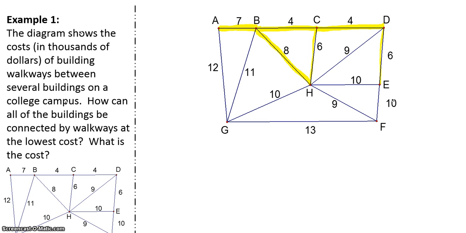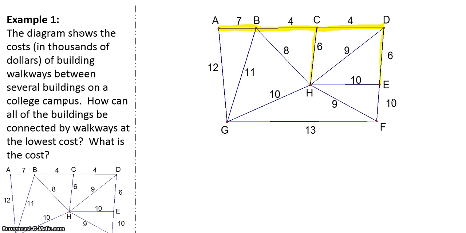Because it creates that closed circuit there, and we can't have that because they are not going to build this for you as a college student. You can still get from building B to building H without this walkway. You could go the roundabout way, but you could still use sidewalks to get there.